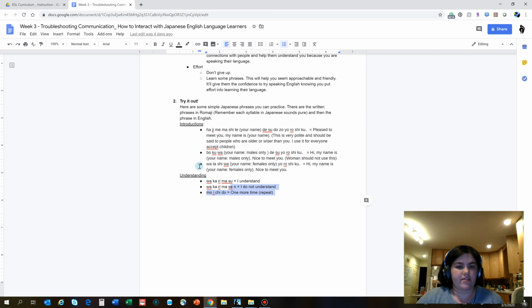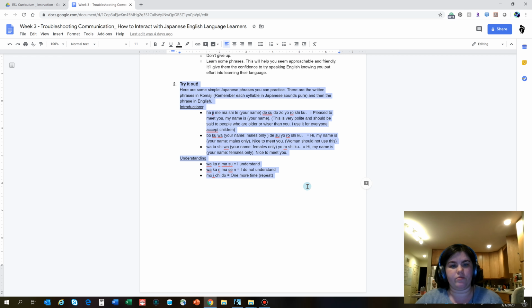So with that last note, our second topic that we're going to go through today is trying it out. Here are some simple Japanese phrases that are written in Romaji. So this is English-sounding syllables.